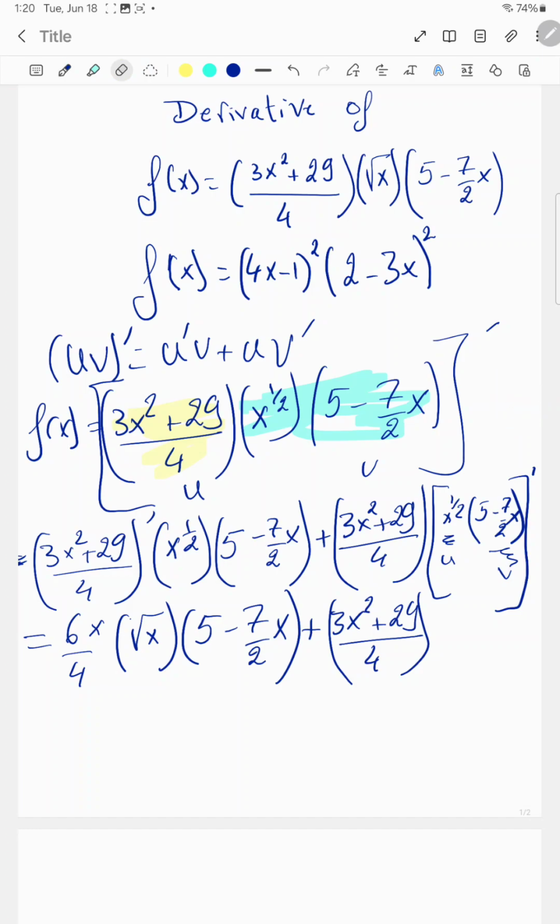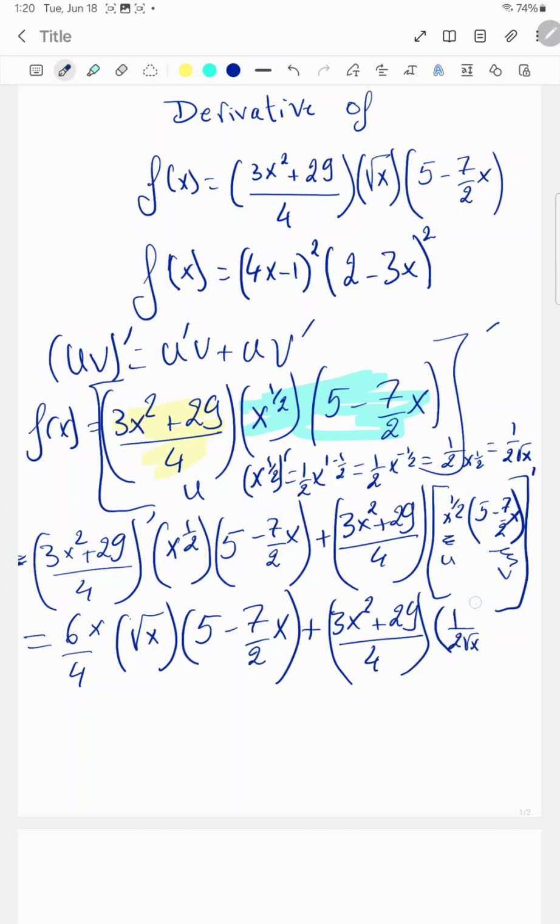So the derivative of x to the power 1/2 is 1/2 x to the power minus 1/2, which is equal to 1 over 2 x to the power 1/2, which is 1 over 2 square root of x.